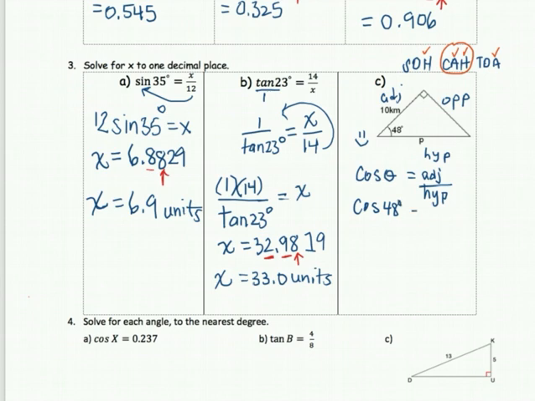Okay, adjacent we do have, it's 10 kilometers, and the hypotenuse is p. Okay, all right, so it's kind of like question B here where we have the variable at the bottom. So use the steps that you need in order to get the variable out of the bottom.